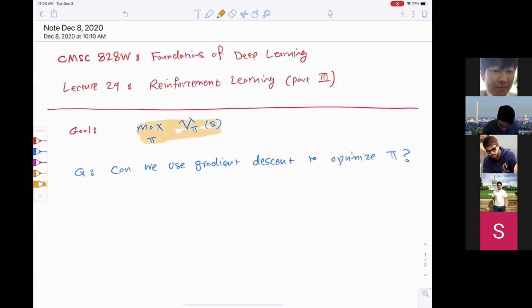I want to maximize the value function, let's say starting at a particular state S. Is it possible that I just take the gradient of this function with respect to pi based on the stuff we have learned so far? Or what are the potential bottlenecks? Any ideas?